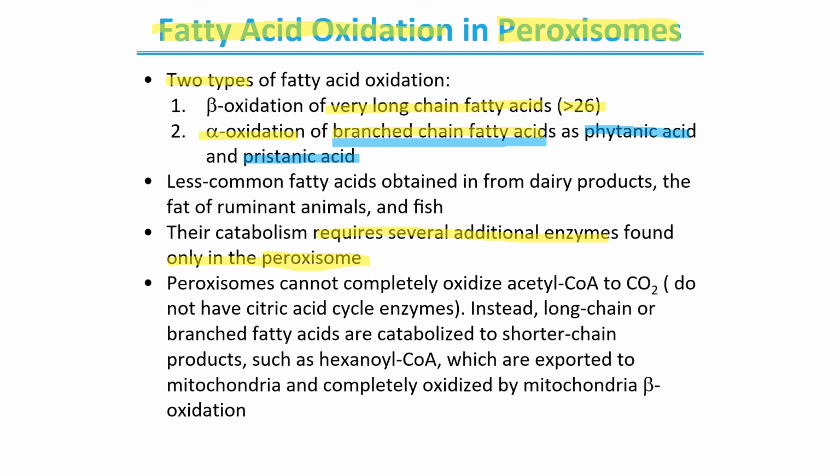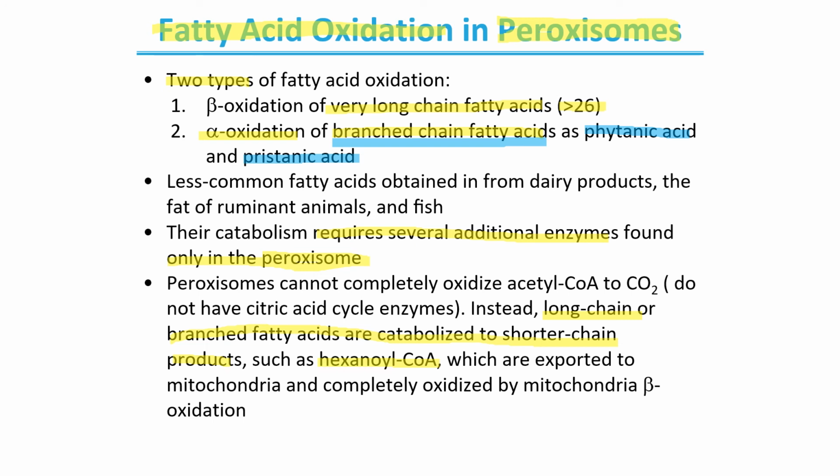But the peroxisomes also have a problem, that they cannot complete this oxidation because they don't have the enzymes to complete it. They will do the most part basically, that is, long chain or branch chain fatty acids will be catabolized to shorter chain fatty acids of around 6 carbons, that is hexanoyl CoA.